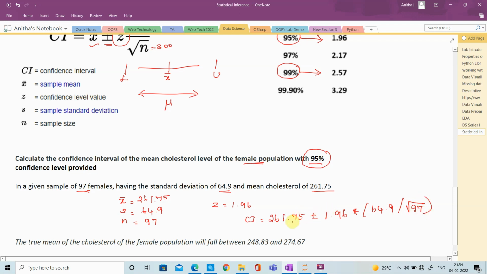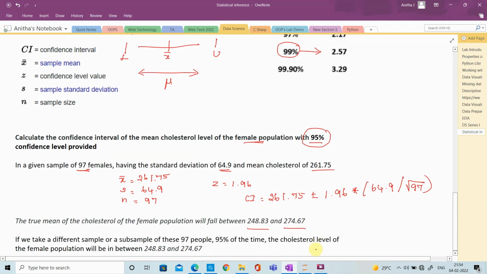If I do the plus calculation and the minus calculation, I will get a lower limit of 248.83 and an upper limit of 274.67.